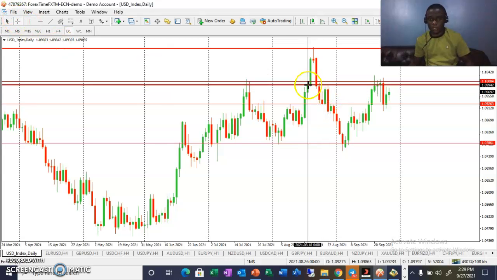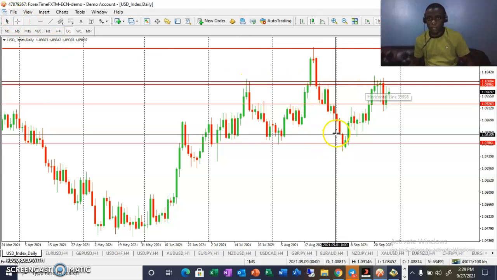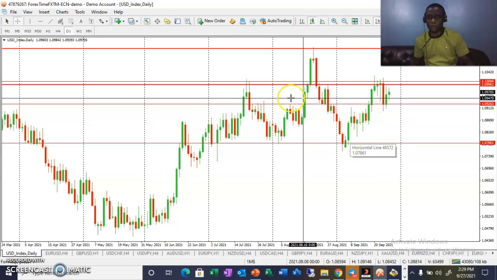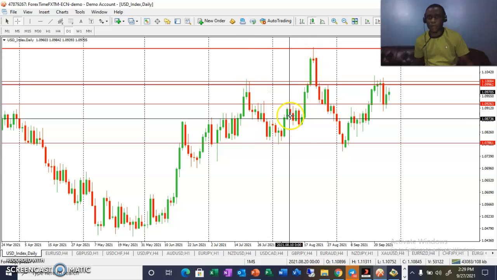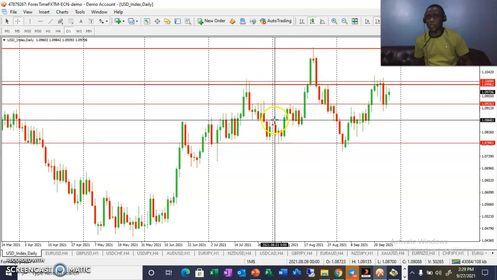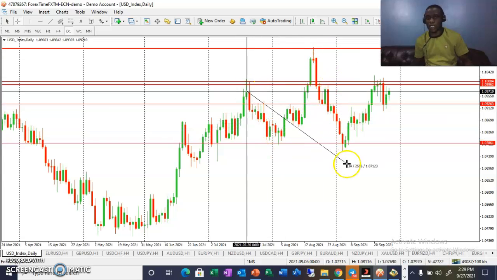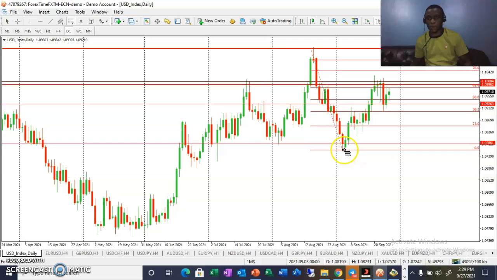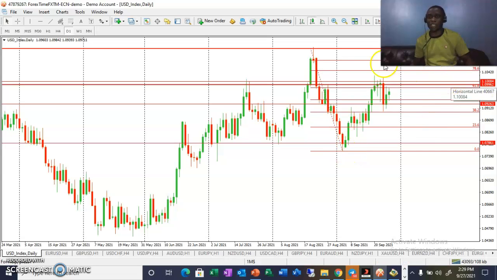As you can see, there is a resistance right here. The dollar has been rising for days all through this month, and as you can see, there is what we call a market structure break, at the 61.8 Fibonacci level.